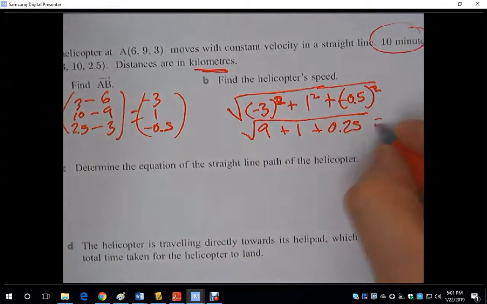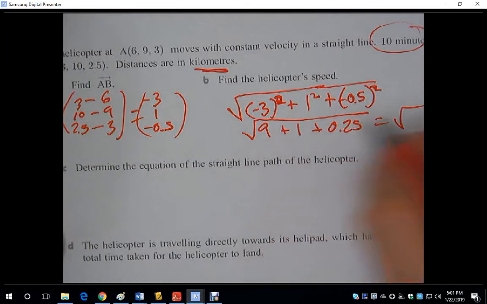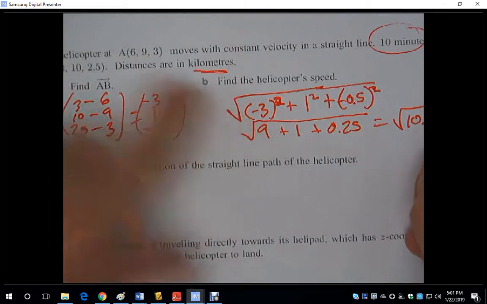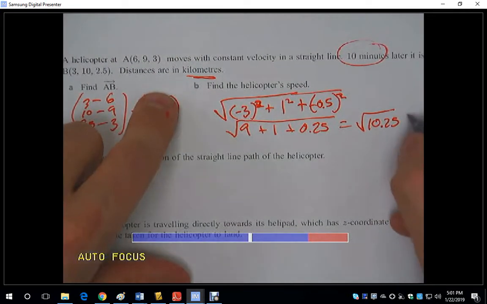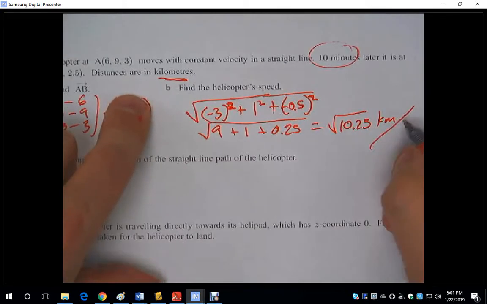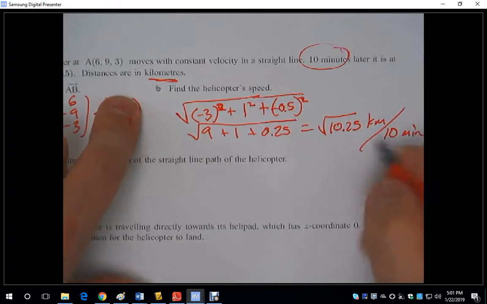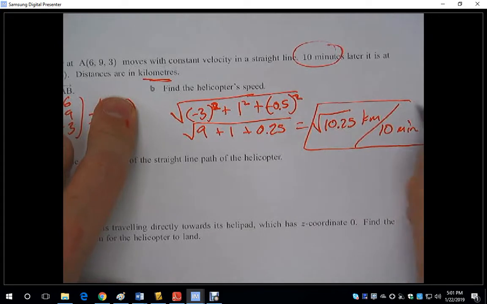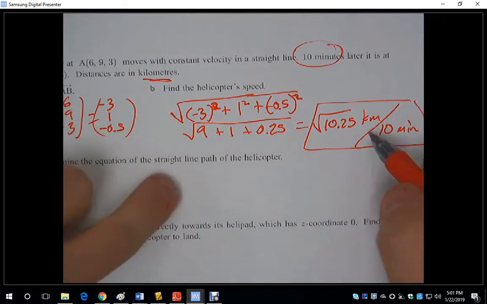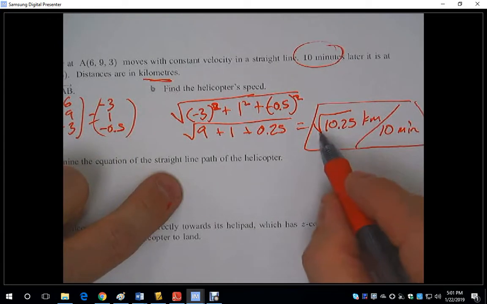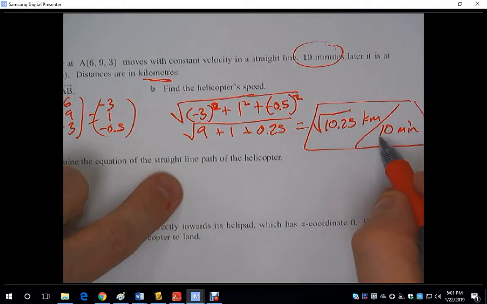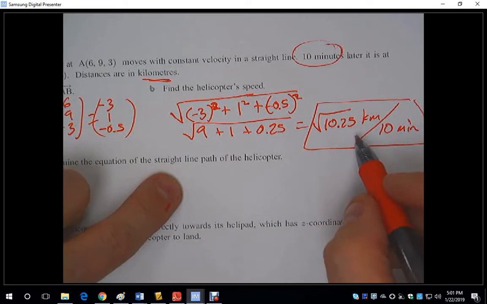So if we add up all this, we have the square root of 10.25. We're looking at speed, and this is going to be kilometers per 10 minutes. Now, if you would prefer, you can find out how many kilometers per minute just by dividing by 10. So throw that in your calculator. The square root of 10.25 divided by 10 will give you kilometers per minute.